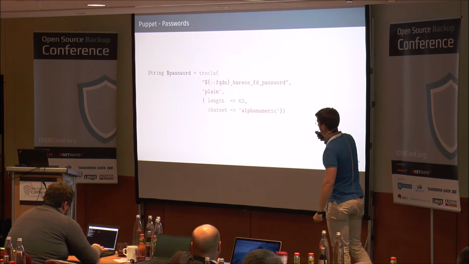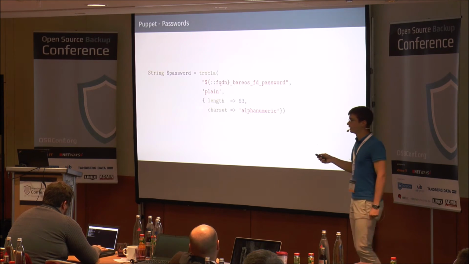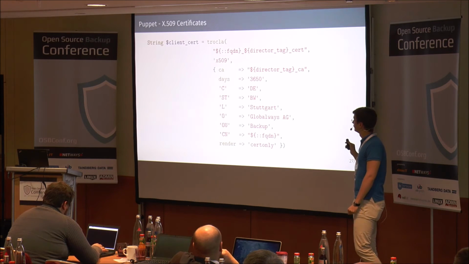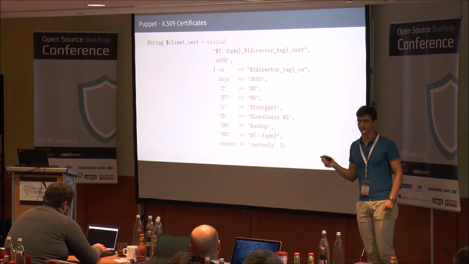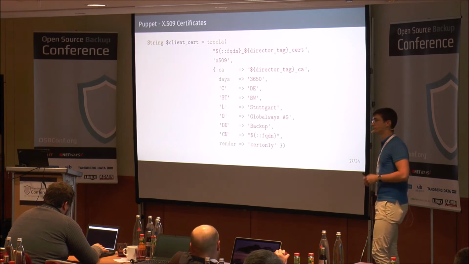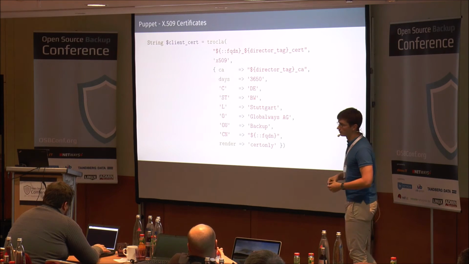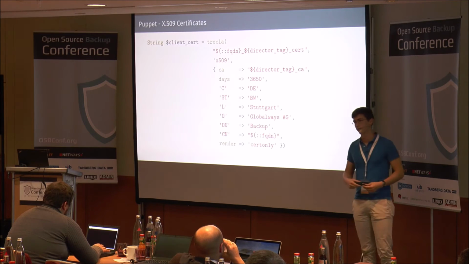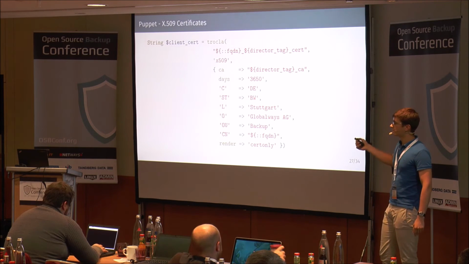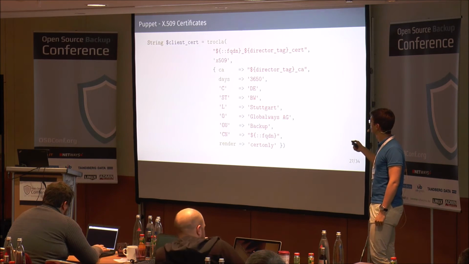Okay, so the passwords for the client and the director configuration are done, but the main thing is the certificates. Trocla can also create a new certificate authority, for example. We use this so that every director gets a new certificate authority, and the clients can say which CA they want to use.